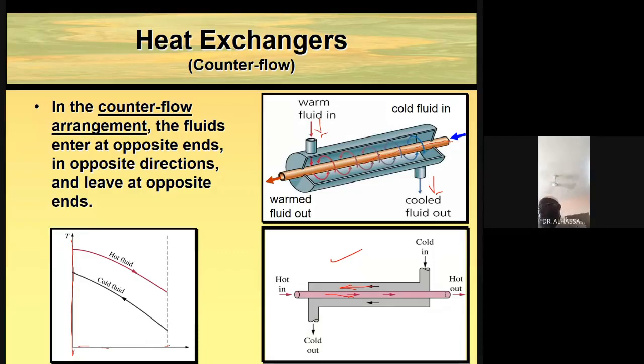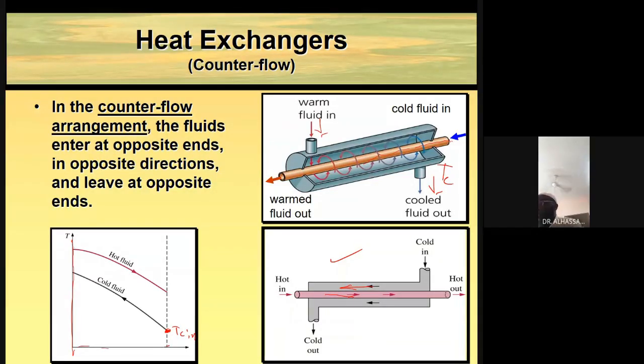So you see, initially at the entry point, the temperature for the cold fluid, let's say T cold, is this. Its initial state is the inlet, and as its temperature increases, it will be moving upwards, and the temperature of the hot fluid will be moving downwards.